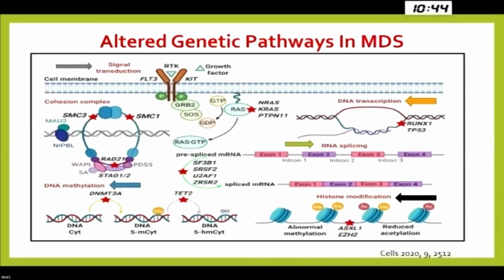And when it comes to DNA methylation, as part of the epigenetic process, you have DNMT3A and TET2 being involved in a large number of patients of myelodysplasia. I will come to the specific red starred mutations because they are the ones that are important in MDS.